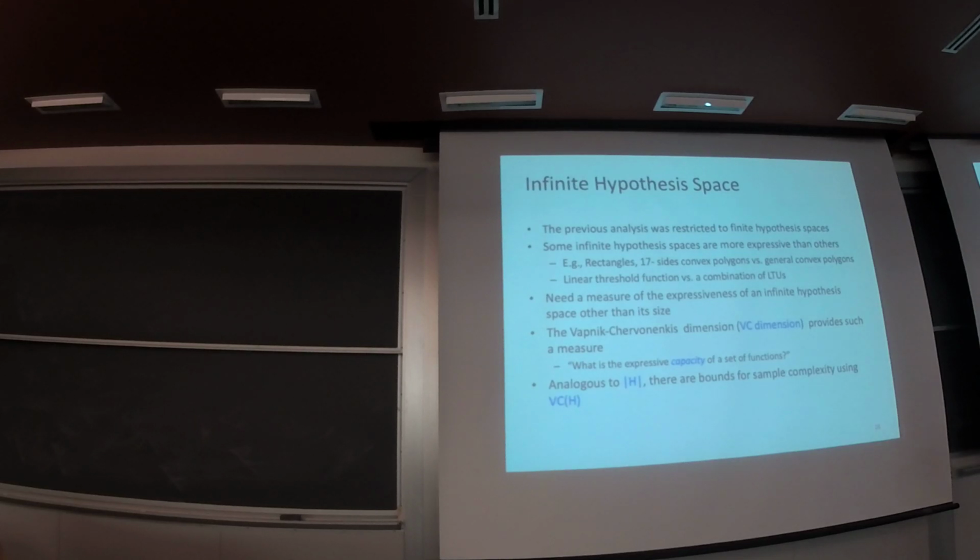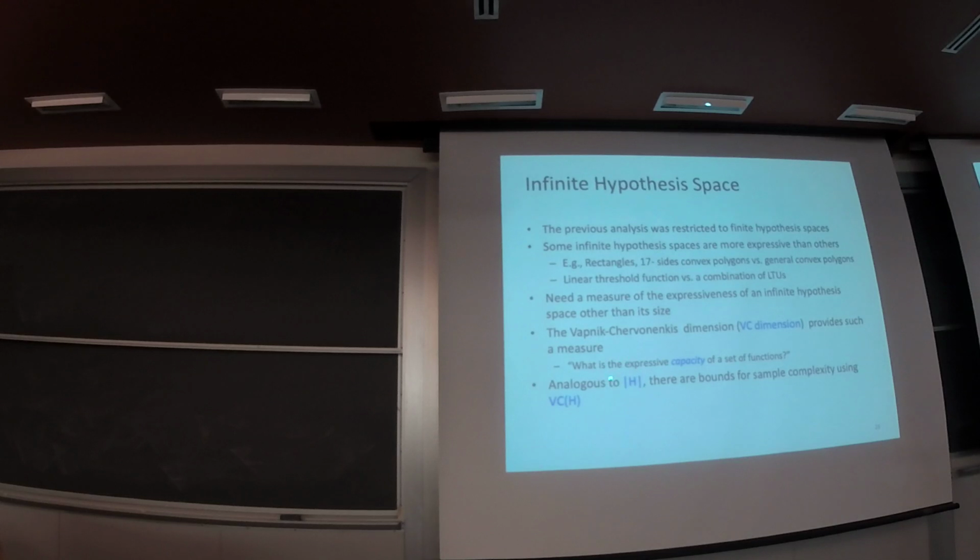Remember, machine learning is essentially trying to search for a function from a set of functions, which is called the hypothesis space. The VC dimension can measure the capacity or the expressiveness of this hypothesis space, no matter whether your hypothesis space is finite or infinite.